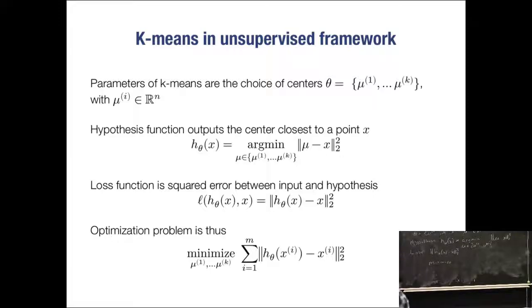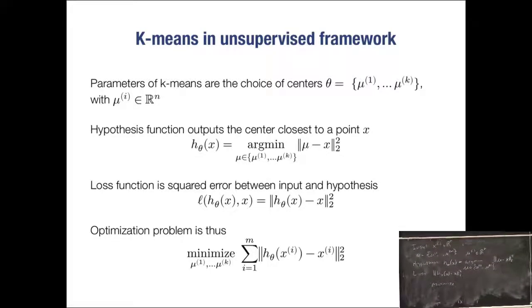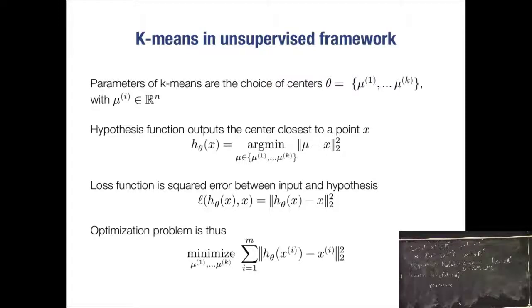What we're minimizing over is not k, we're minimizing over the actual centers themselves. So we can pick what those k centers are. So we're minimizing over mu 1 to mu k.